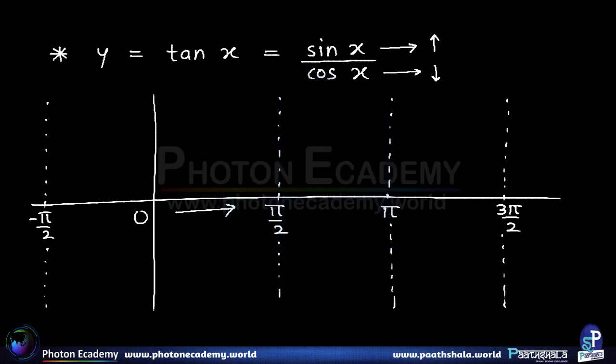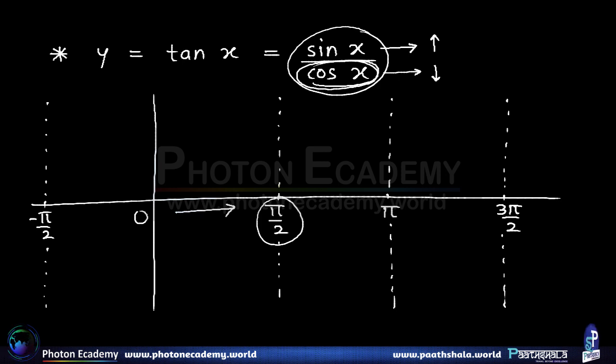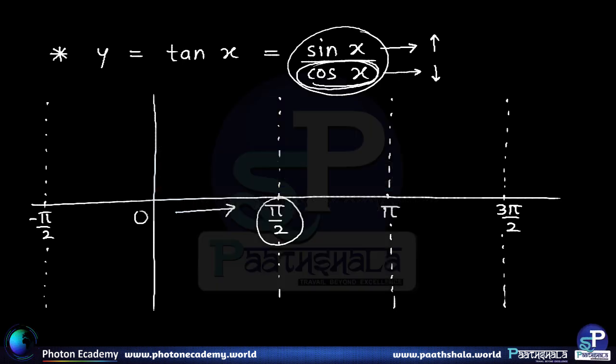So clearly, as a whole, the tan of that angle will very sharply increase as we go from 0 to pi by 2, and at pi by 2, the cos of 90 degrees is 0, so the denominator becomes 0, and the tan of pi by 2 will not be defined as such, and it will be approaching infinity.